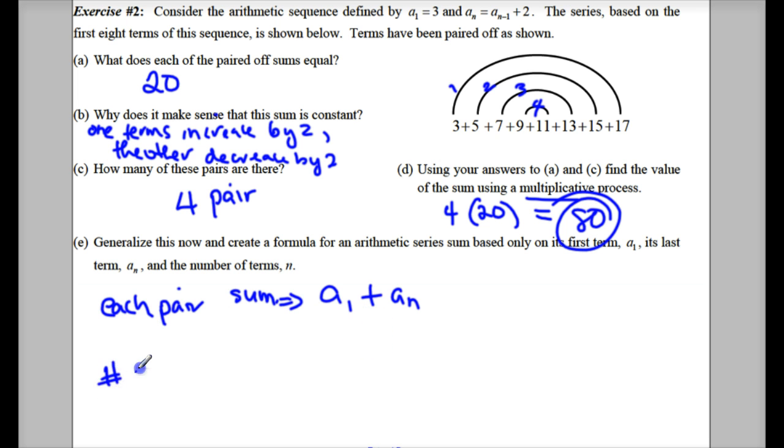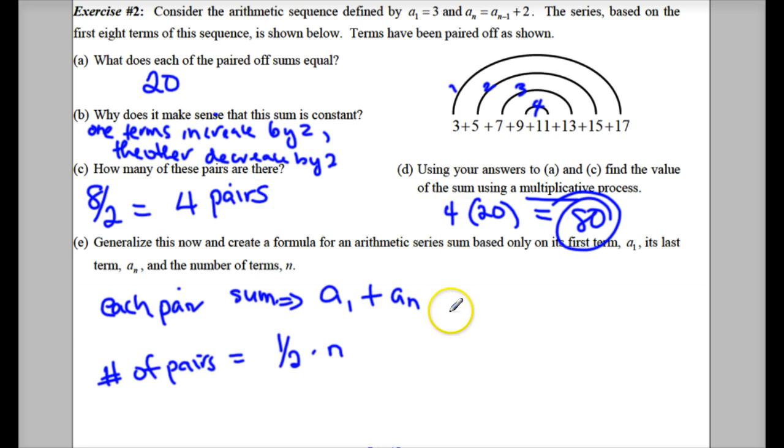So number of pairs is equal to half the number of elements, meaning half of n, whatever n is. So in this case, in C, there were 8. My n was 8. 1, 2, 3, 4, 5, 6, 7, 8. I take half of that, so this is half of 8. That's how I got 4 pairs.